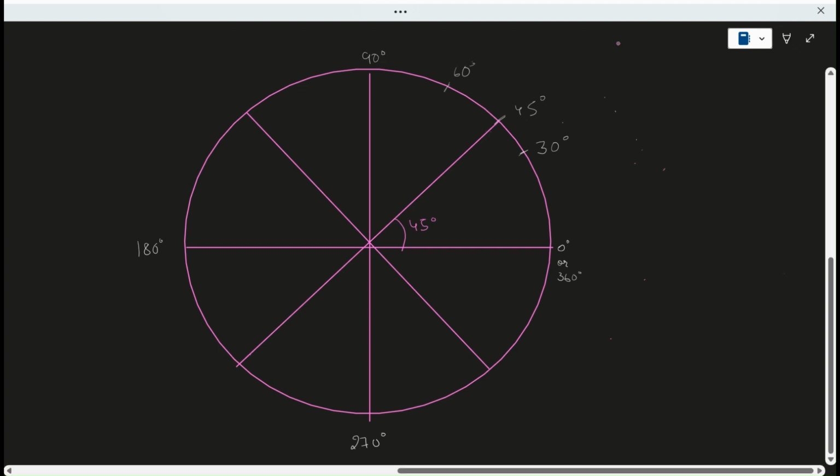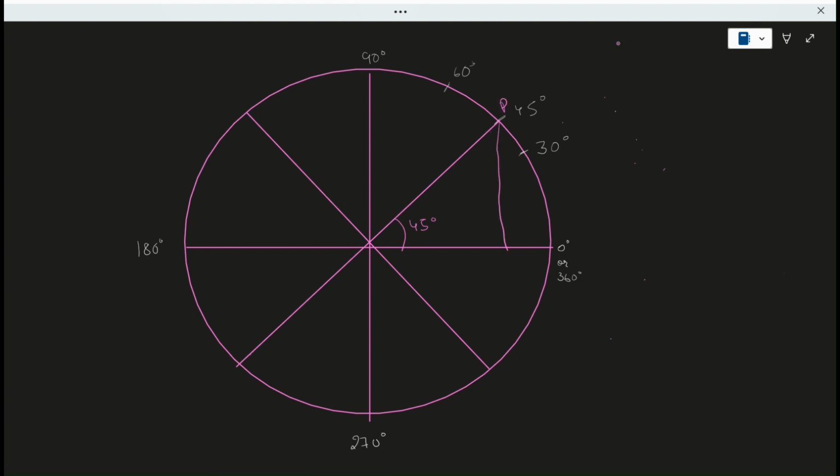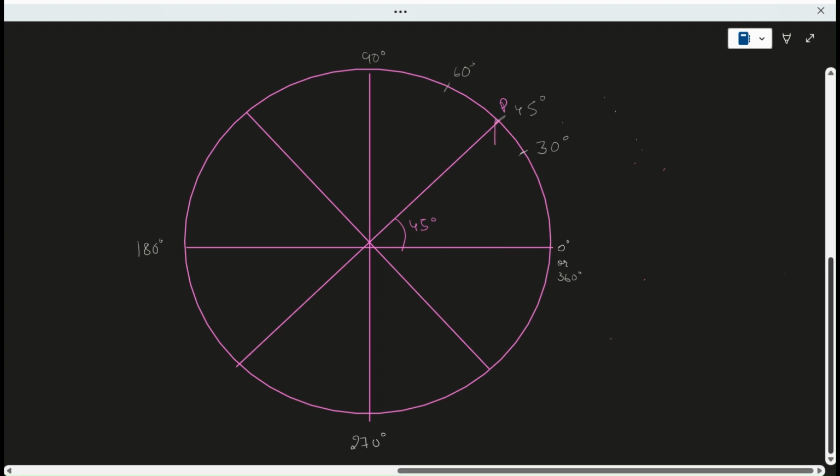Now let me just draw, let this point be P. Let me draw a perpendicular from P to the x-axis. This is our x-axis. Let this point be A. Similarly, let me draw a perpendicular to the y-axis and let this point be B.